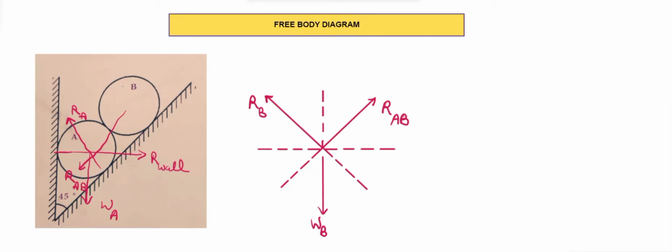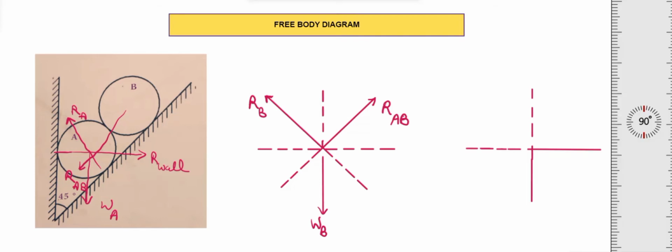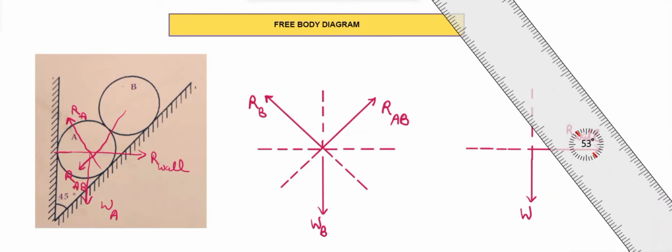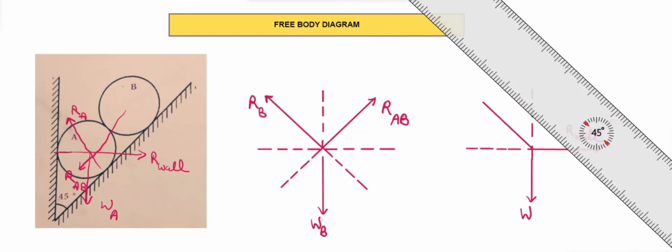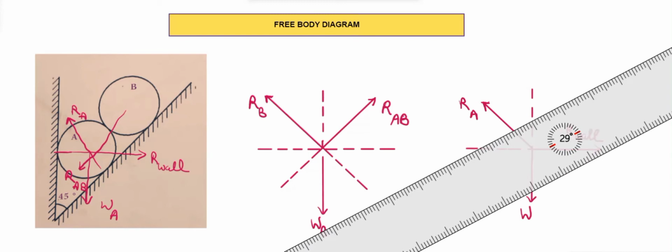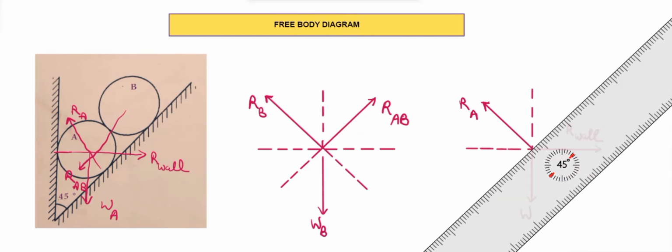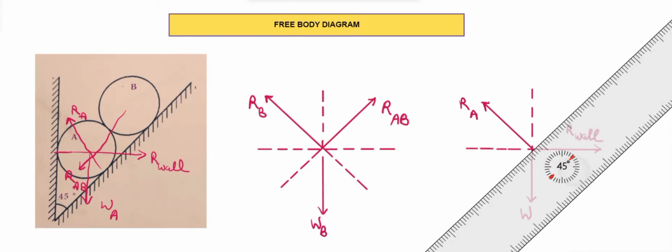Now let's represent this in our free body diagram. Here W, here it will be R wall. Then we'll draw an inclined line to represent RA, and this inclined line will be at an angle of 45 degrees, because in the diagram the angle between the walls is given to us as 45 degrees.